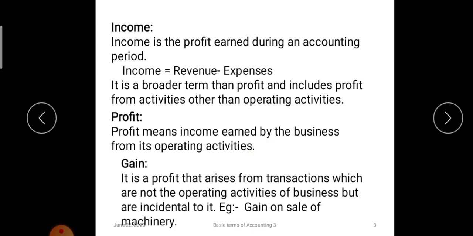Now gain is the profit that arises from transactions which are not operating activities, which are incidental, happen once in a while, like machinery is sold and gain is there. The business will not be selling machinery which it is using for the production process on a regular basis, so the profit earned will be considered as gain. So in income, gain and profit both are included.